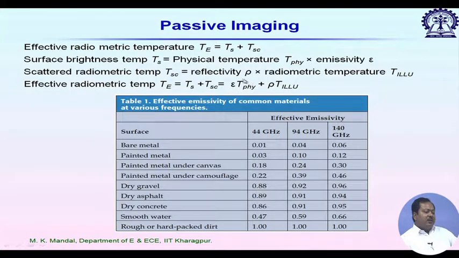So it depends on the physical temperature, the emissivity of the object, the reflectivity of the object, and T illumination. If I compare the contributions, the first component, epsilon T physical, is much larger than the second, but in a practical system we need to calibrate the system first, and only then go for imaging.